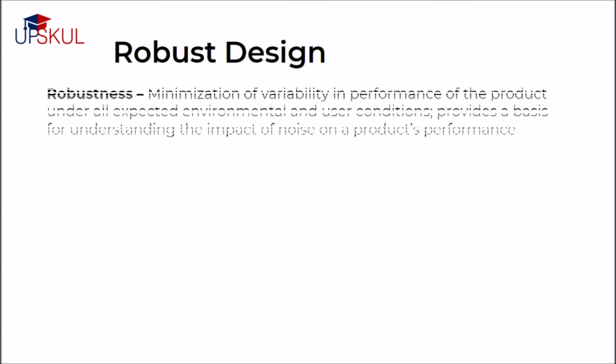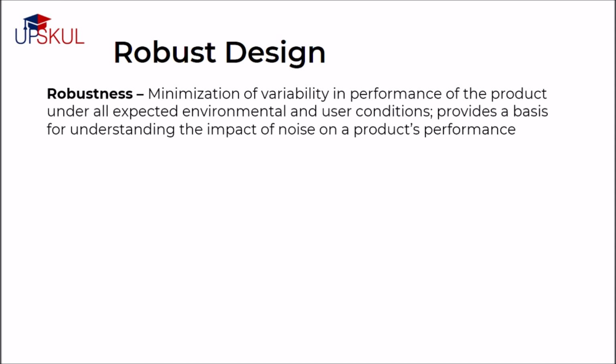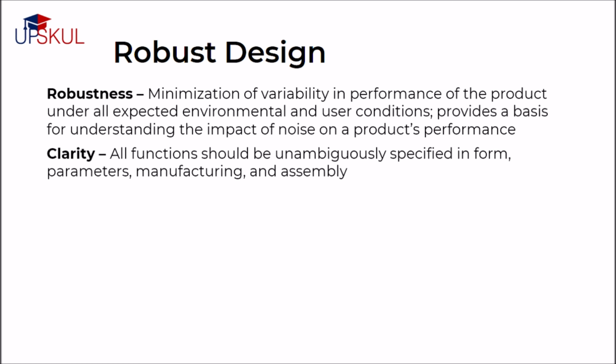After all this, it is very important to check whether the final outcome is a robust design. Robustness is the minimization of variability in performance of the product under all expected environment and user conditions. It provides a basis for understanding the impact of noise on a product's performance. Clarity, where all functions should be unambiguously specified in form, parameters, manufacturing, and assembly.